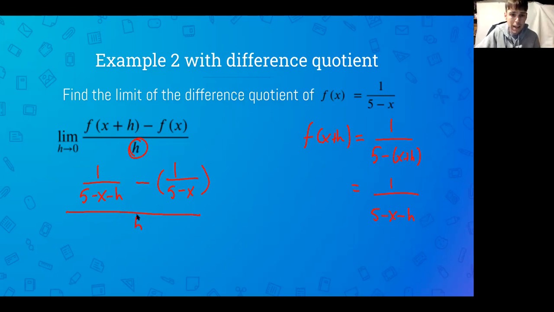So we are dividing by h. That could be thought of as the same as multiplying by its reciprocal. We also maybe want to put these two things together. A lot of algebra can be done with this problem. So we got to figure out what in the world we can do here.